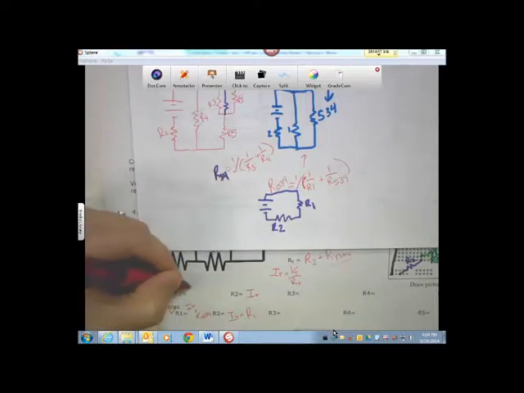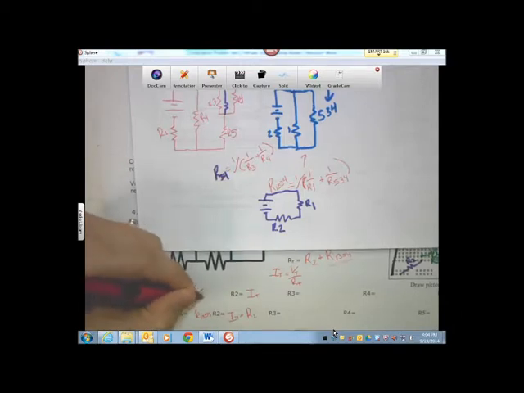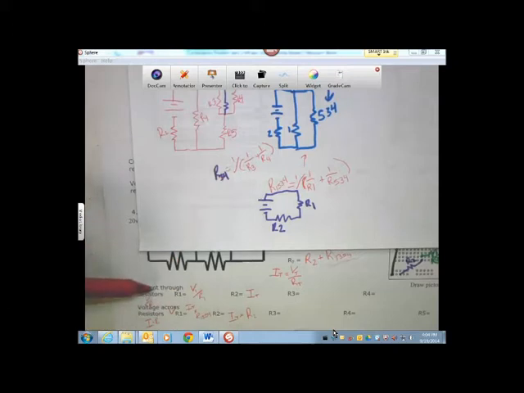So I can then determine the current through R1 by saying V of 1 is going to be equal divided by the resistance of 1. So current through R1 is going to be V1 over R1, the actual value of R1, not the combined value.